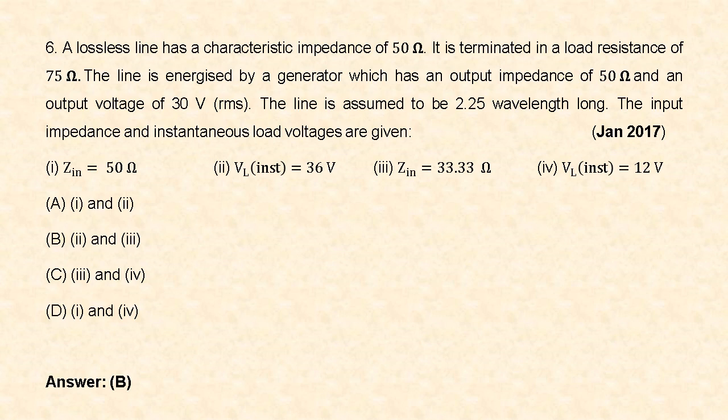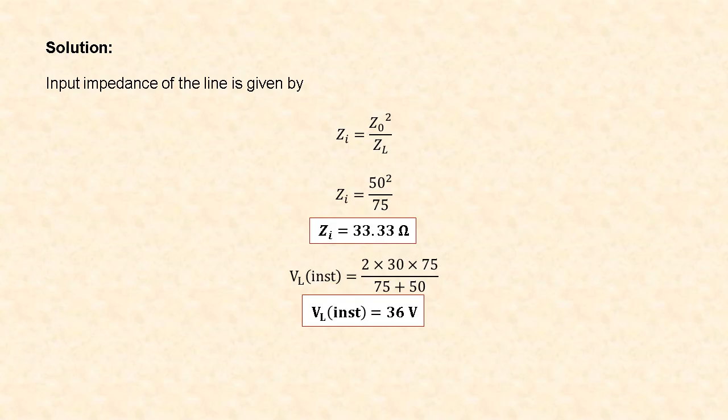Here VL is equal to 36 volt and Zin is equal to 33.33 ohm is correct. That is option B is correct. Let us see the solution. The input impedance of the line can be calculated by using the formula Zi is equal to Z0 square divided by ZL.